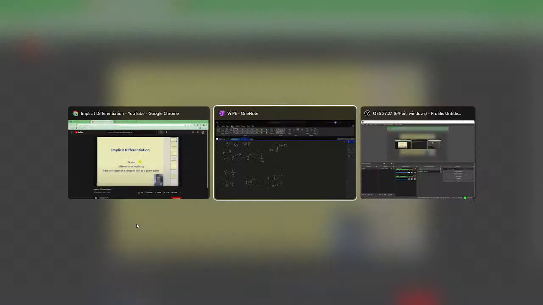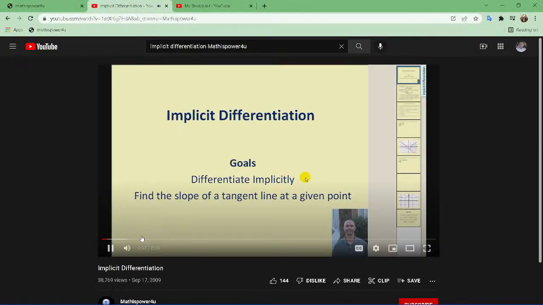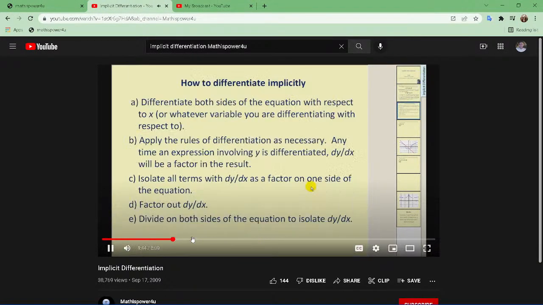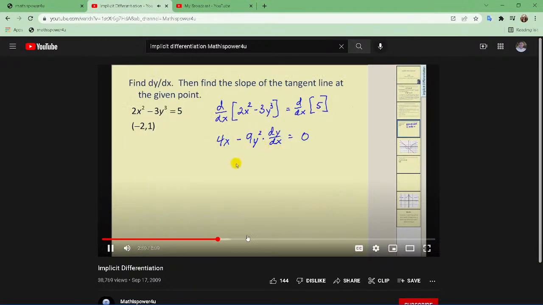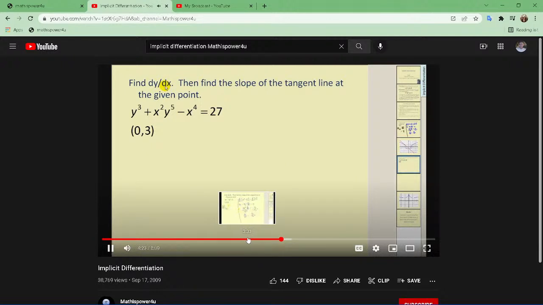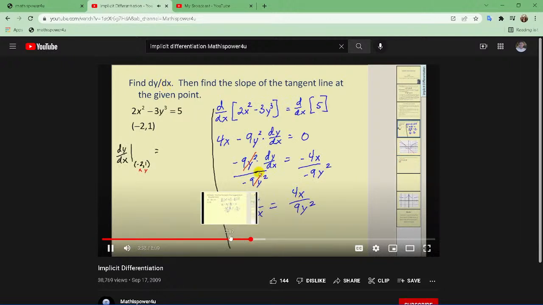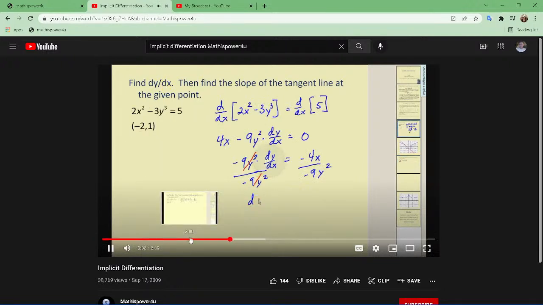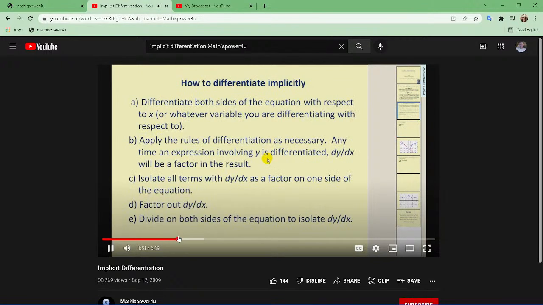The goals of this video are to differentiate implicitly and also find dy dx for an implicit function inside of the equation. First step, we need to find dy dx.